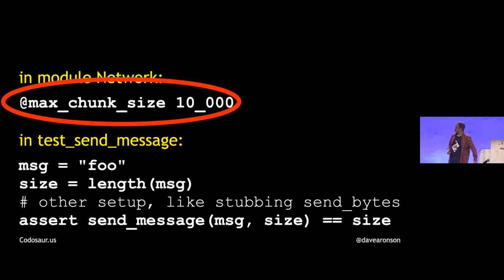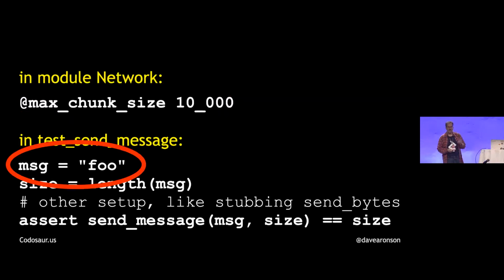For instance, here we see our maximum chunk size for send bytes is 10,000 bytes, and yet we're only testing with an itty bitty 3-byte message. Maybe 4 if we have a null terminator, or maybe a little more depending exactly how it's serialized, but almost certainly not 10,000 bytes. And the obvious fix in this case is to use a bigger message, bigger than we can send in one chunk.